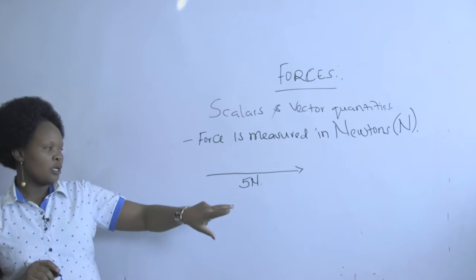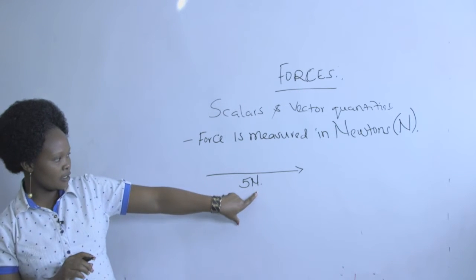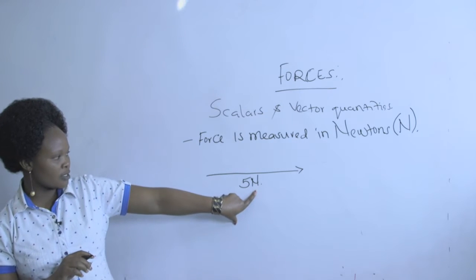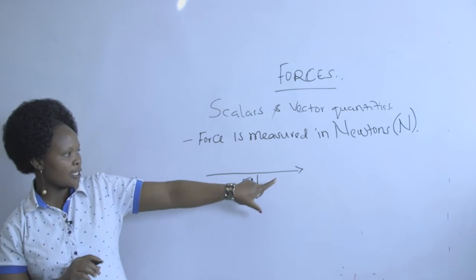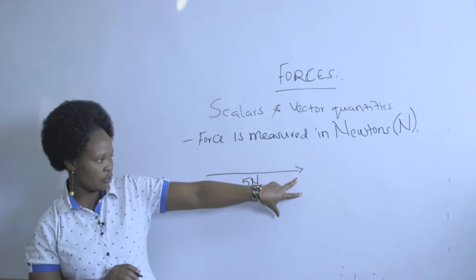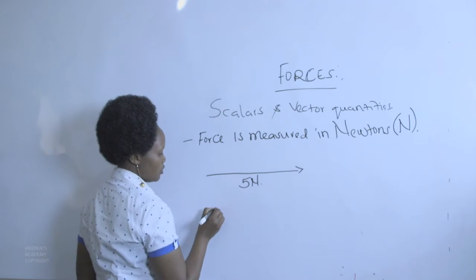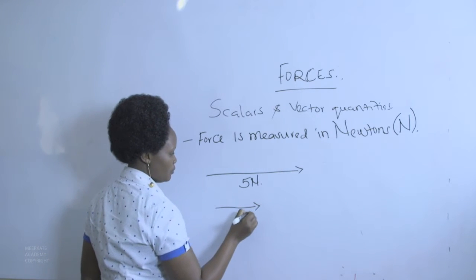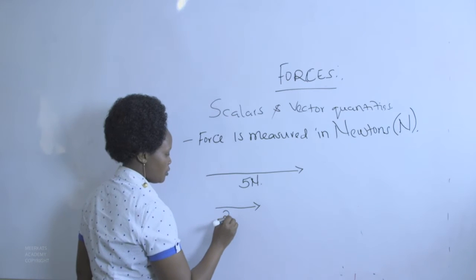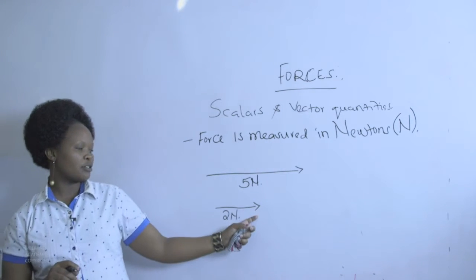Now, 5 is the size, N, or the newtons, is the unit, and the arrowhead should give you the direction of action of the force. Now compare that to this one. Say 2 newtons in the same direction.